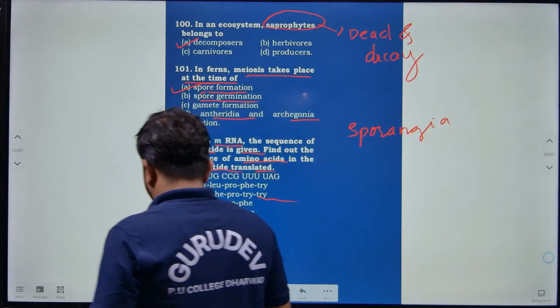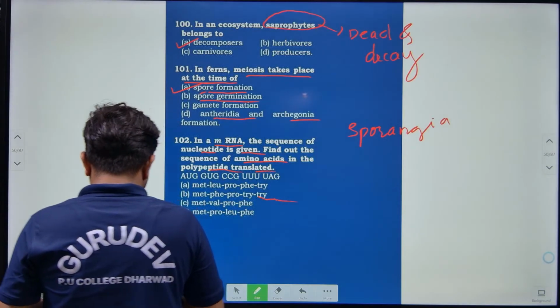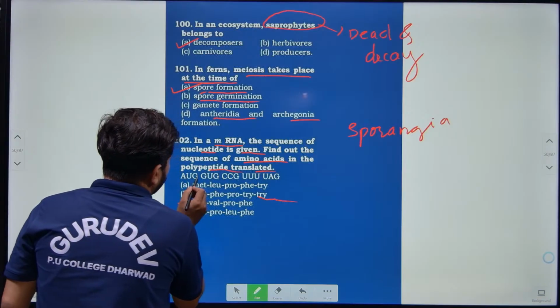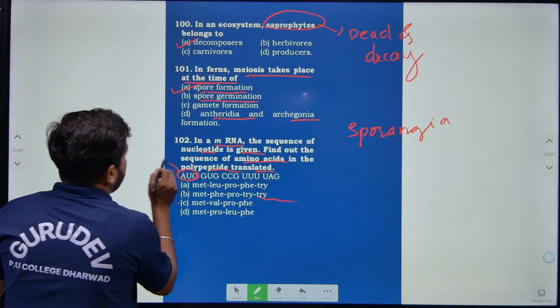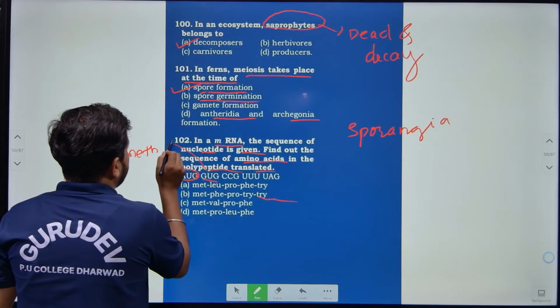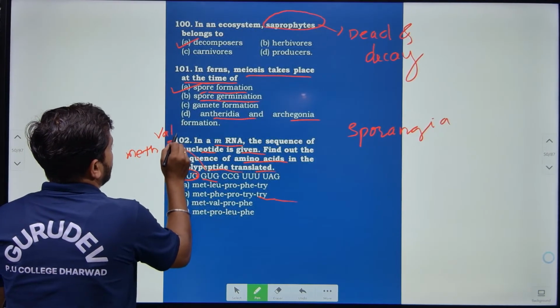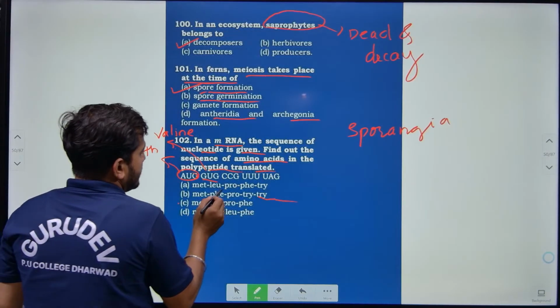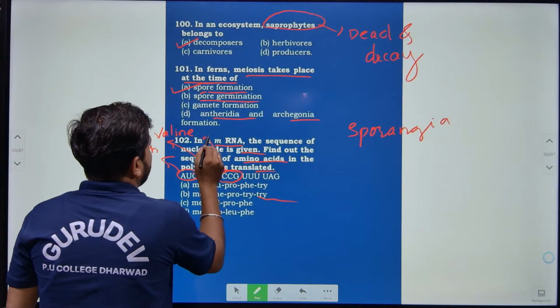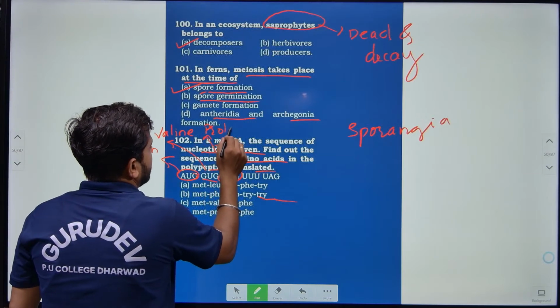AUG is related to methionine, GUG is related to valine, CCG is related to proline.